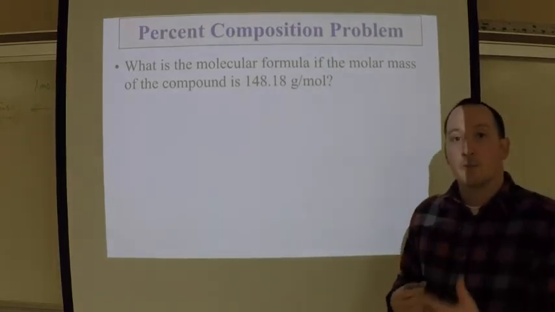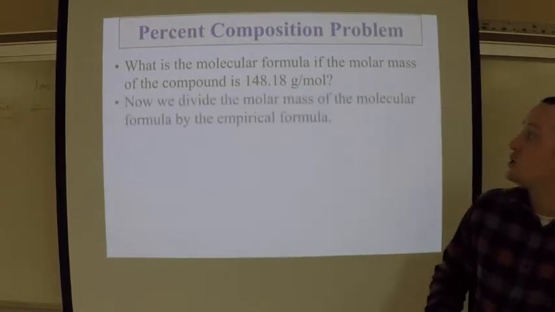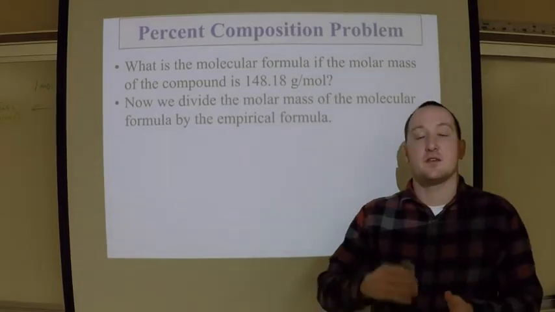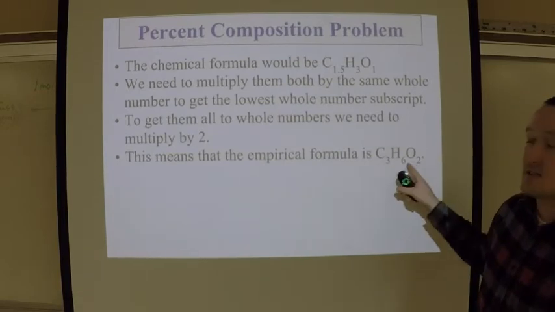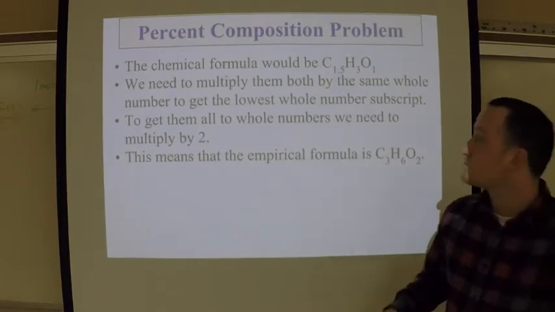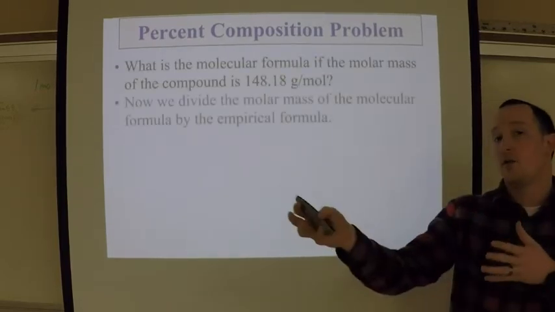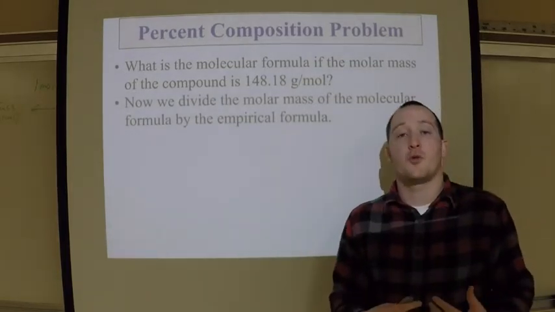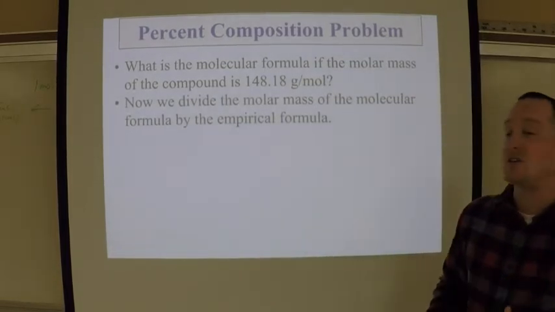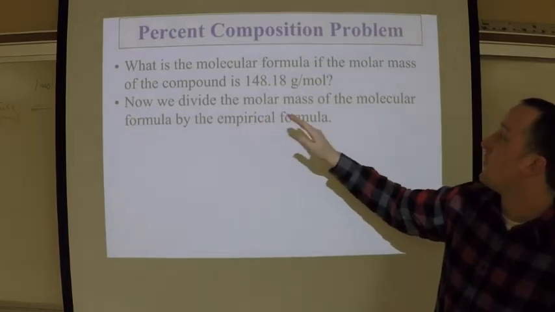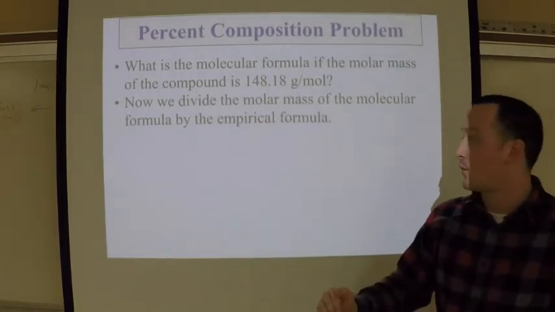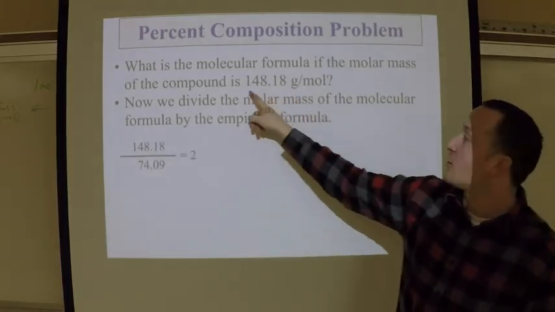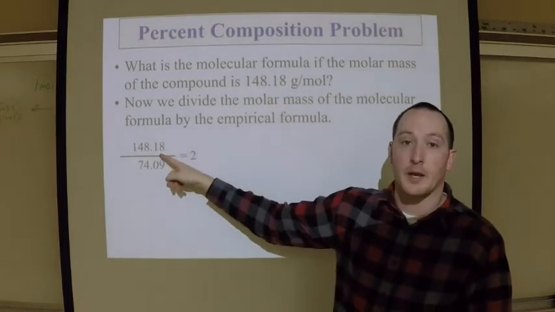So what I'm going to do now is compare the molar masses of my empirical formula, C3H6O2, and my molecular formula. I do that by dividing the molar mass of the molecular formula by the molar mass of the empirical formula. The molar mass of my molecular formula was given to me, 148.18.